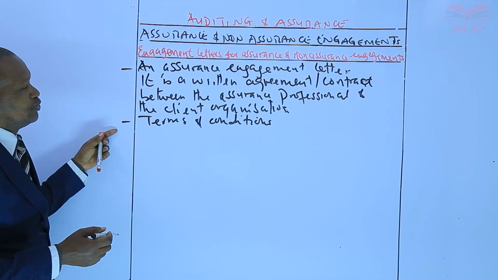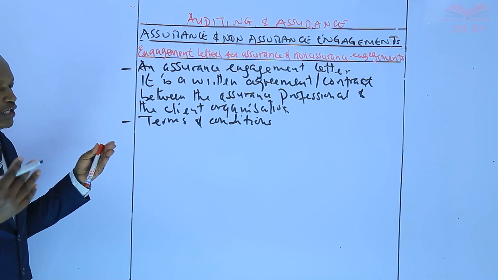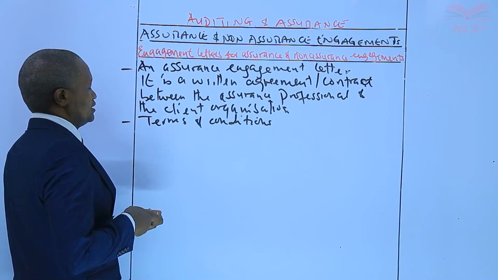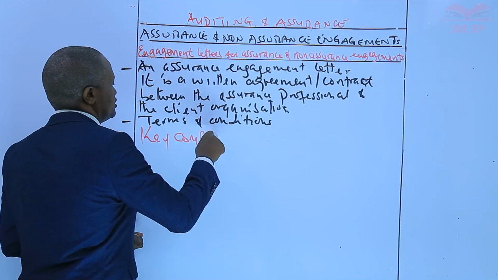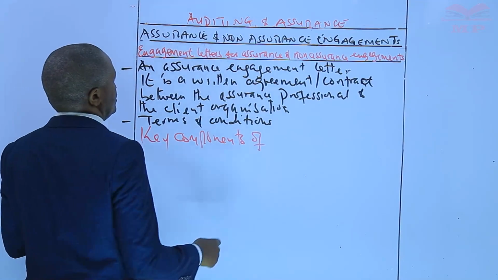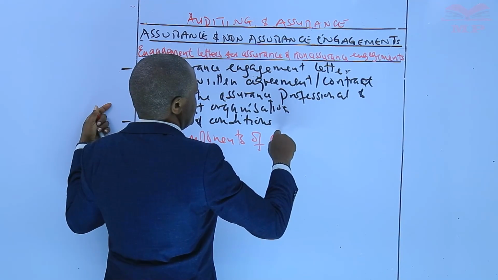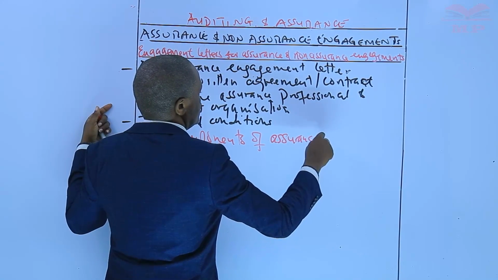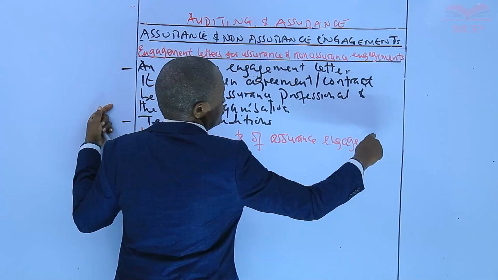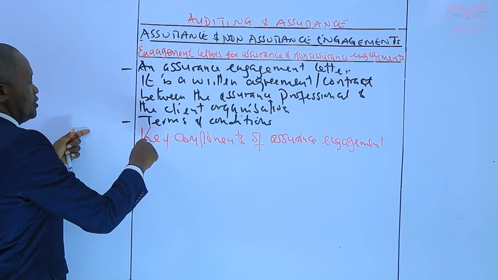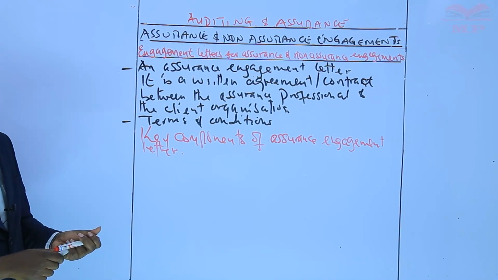So in this lesson, we will outline the key components or elements of an assurance engagement letter. What are the key components?